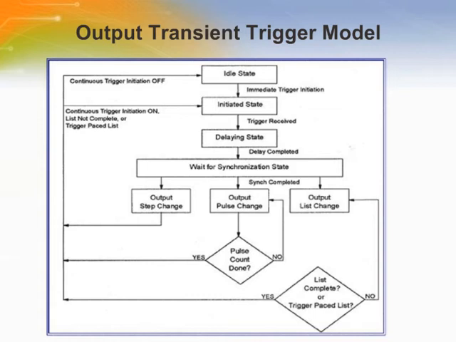Triggers can be used to change the output, synchronize a change to a phase of the waveform cycle, and synchronize a measurement to an output change. The effectiveness of the triggering capability can be shown when measuring worst-case inrush current of a switching power supply.